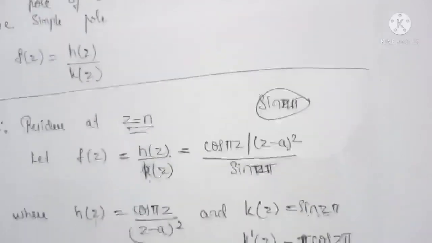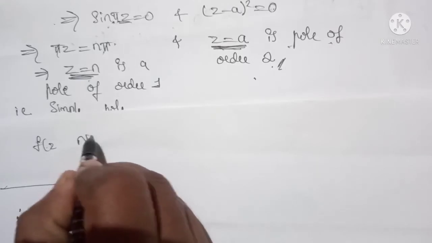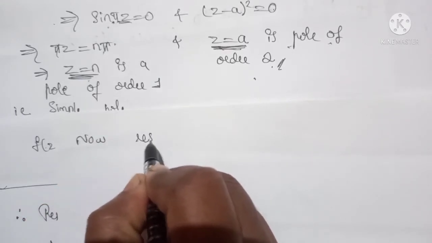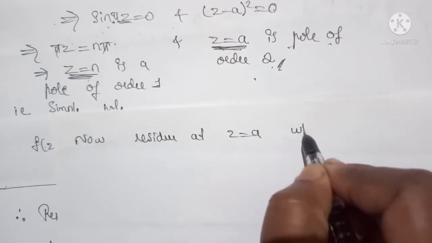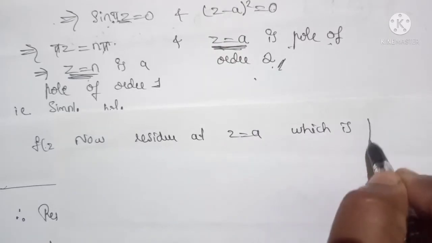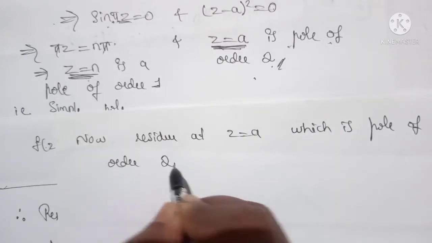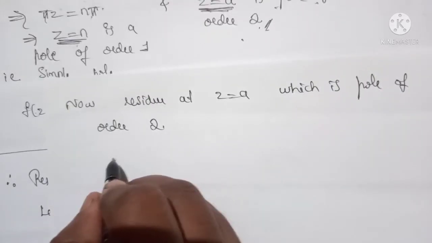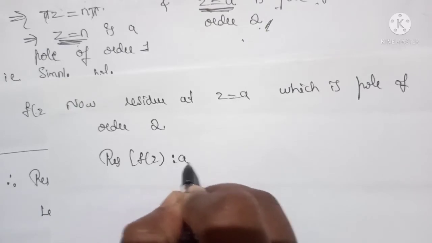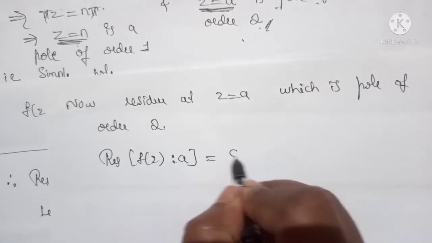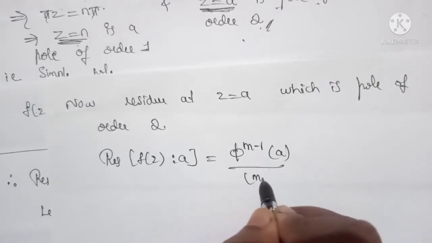So we apply this formula: the residue of f of z at a is phi of m minus 1 of a divided by m minus 1 factorial.